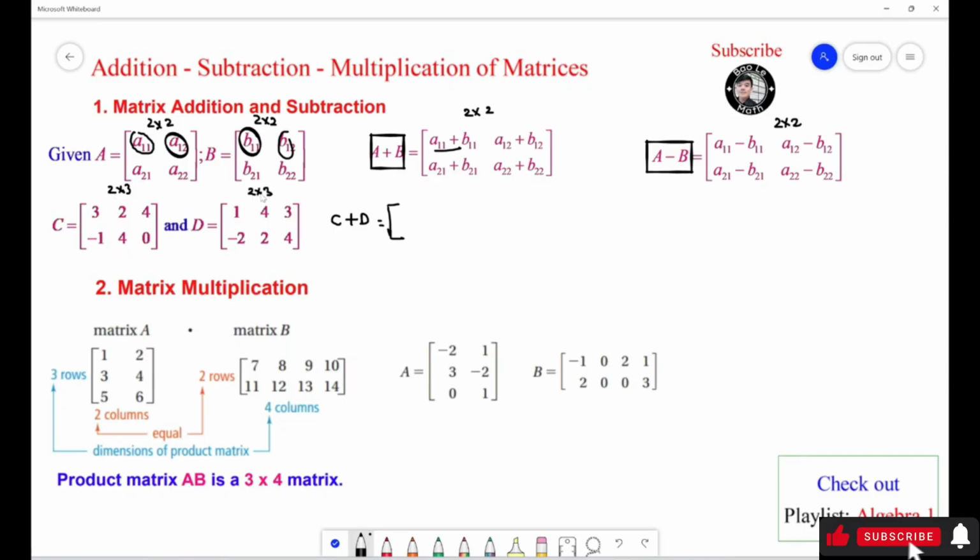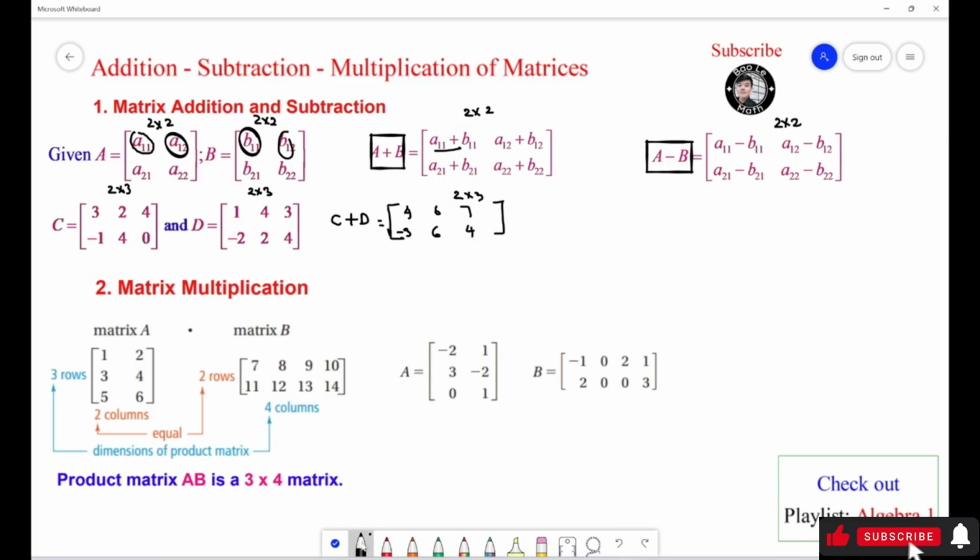So they have the same dimension, and you can add or subtract. Now 3 plus 1 is going to be 4. 2 plus 4 is going to be 6. 4 plus 3 is going to be 7. Negative 1 plus negative 2 is negative 3. 4 plus 2 is 6. 0 plus 4 is 4.